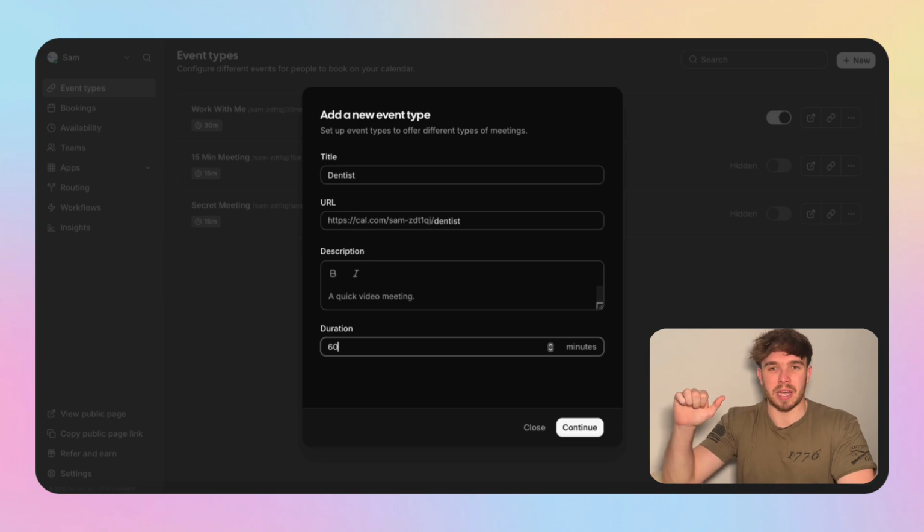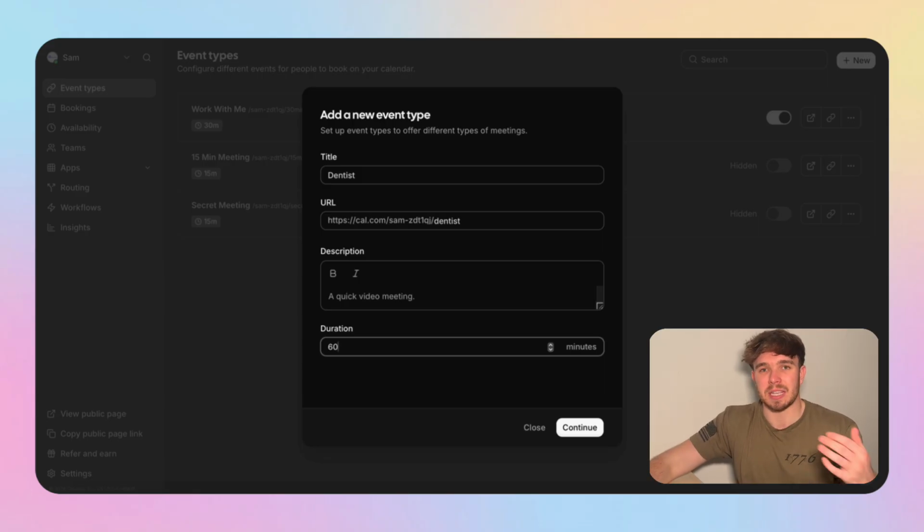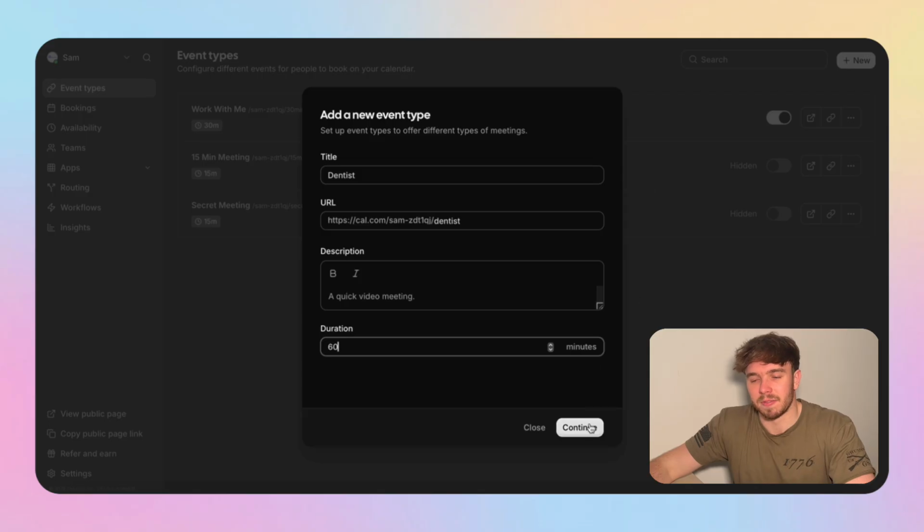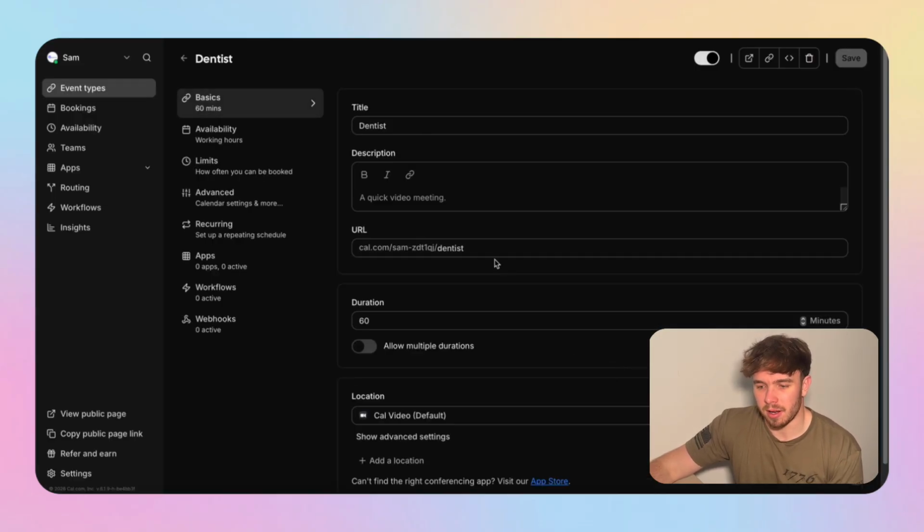So we'll do a routine checkup, braces fitting, anything like that, and we'll just say each one takes 60 minutes, for ease of this. Obviously, if you're doing something like a barber's, you may want a short haircut to be 20 minutes or a blow dry to be 60 minutes, whatever you want. You can imagine how you can do it, but for the sake of this video, we're just going to use one. And once you've clicked on that, you can see all of this.